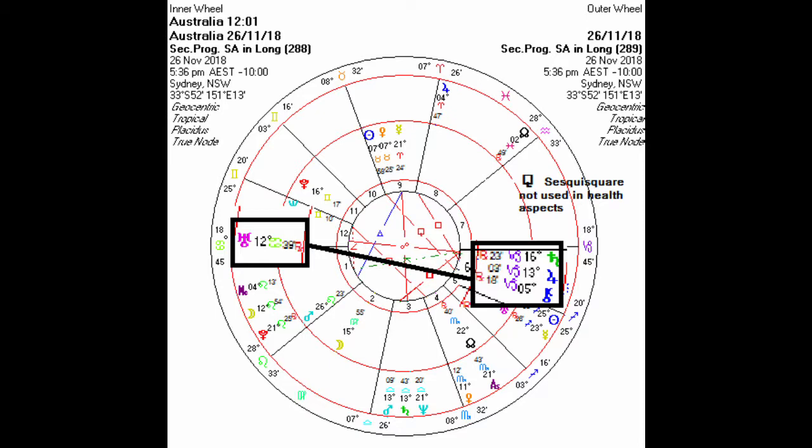So this has contributed to the problems that she already had. The next aspect I'd like to bring to you is again the progress chart of the person and Australia's chart. Now, as I said, she can find herself becoming very tired.